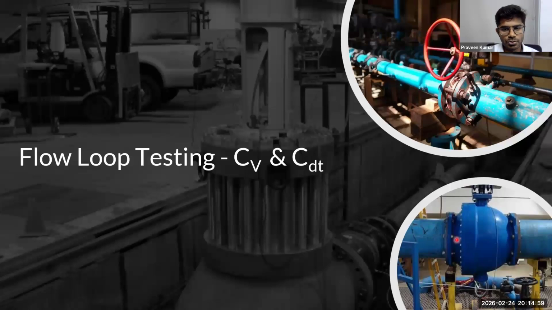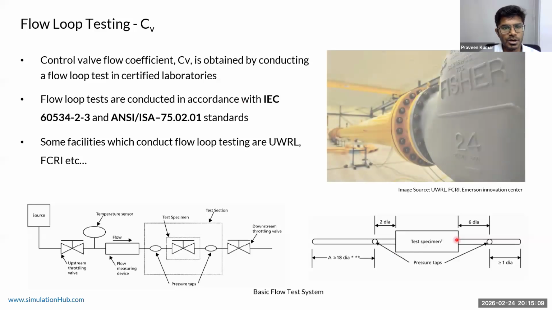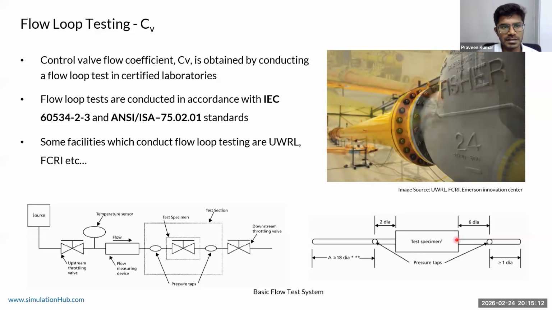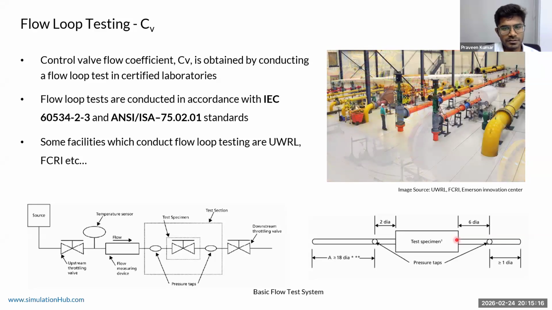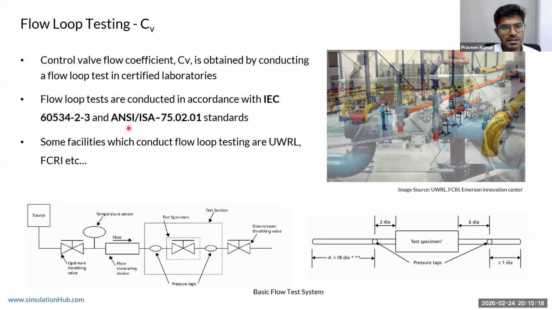So now we know CV and CDT, how they are evaluated or calculated using the flow loop test. So that is the first thing. What is a flow loop test? It is nothing but the tests conducted in flow labs according to the standards.